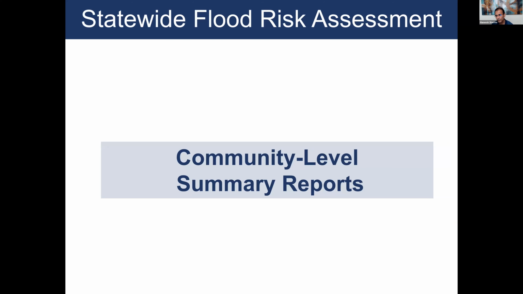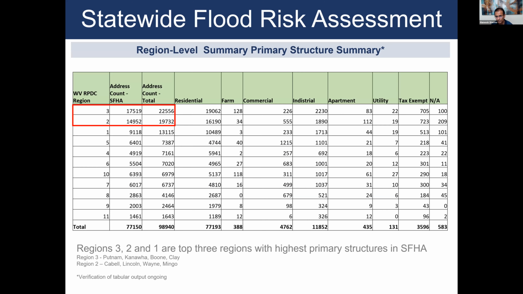So we will do statewide reports. We will do community level reports also. This is one quick summary of primary structures that was run before the meeting. What we see here is region 3 stands out.